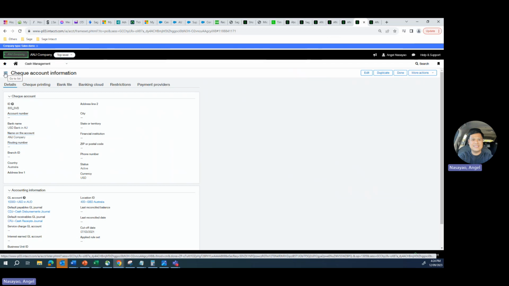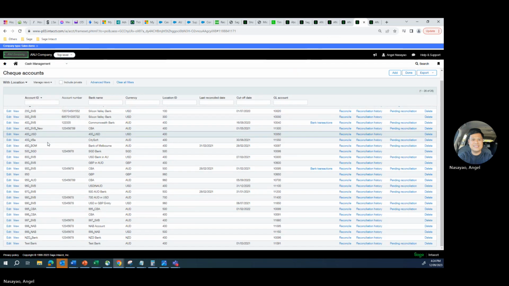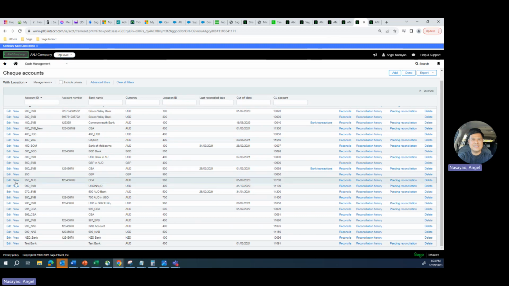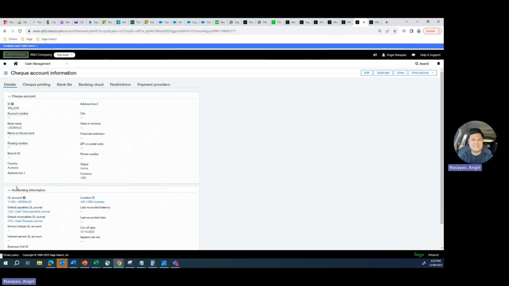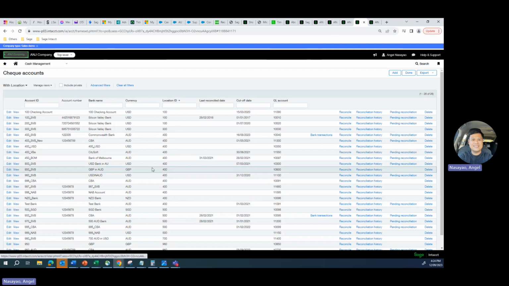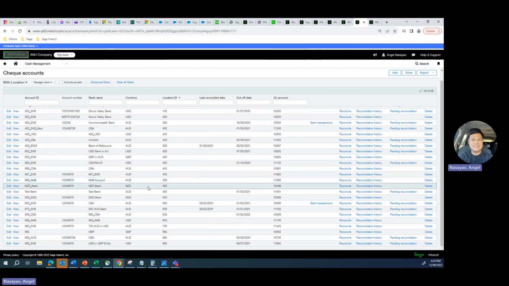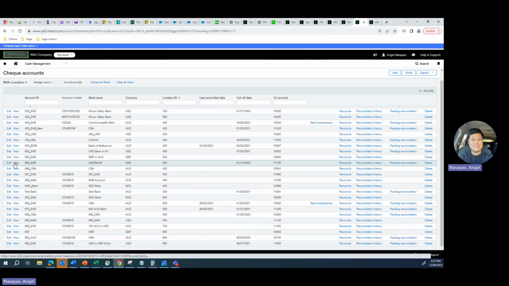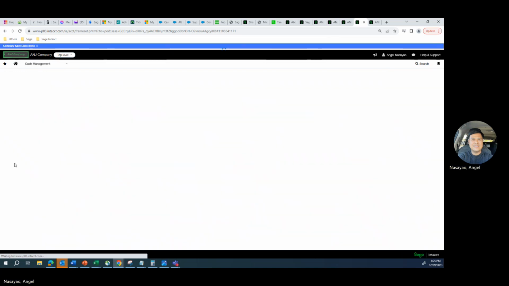Let me just go back to this checking account here. 350 USD and AUD. Is this the one? Let me have a look again. Nope. Anyway, location 400, and let's just use this one, USD in AUD.